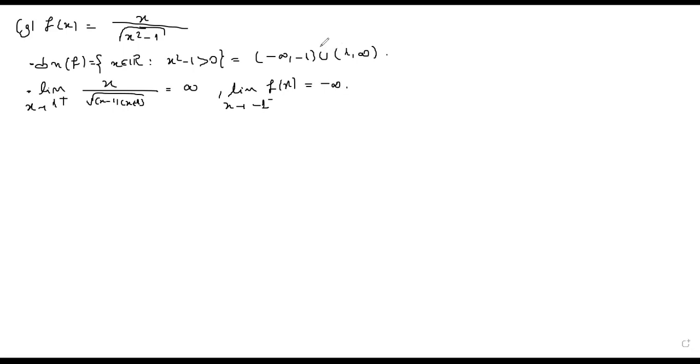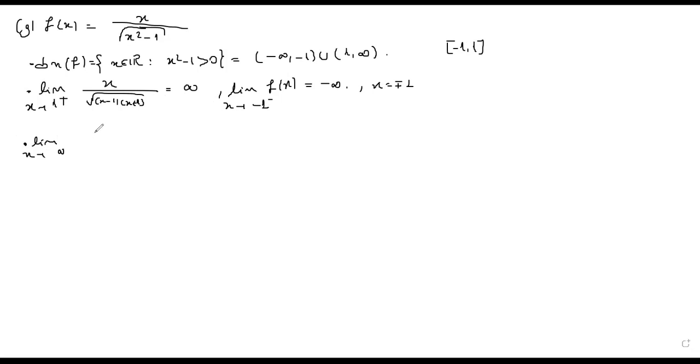We don't need to check minus 1 from right and 1 from left because they are not included in the domain, right? The points between minus 1 and 1, including minus 1 and 1, are not included in the domain. We don't need to check those limits. So we see that x equals to 1 and x equals to minus 1 are vertical asymptotes. Okay. And also for horizontal asymptotes, we need to check the limit when x is approaching infinity.